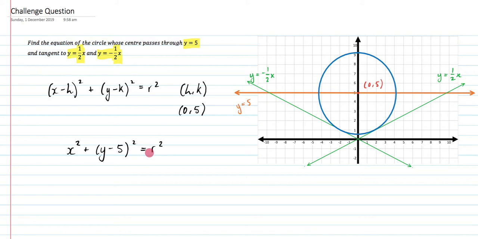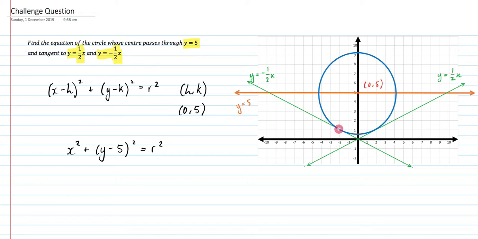Now, this is where the difficult part of the question comes into play, because we need to figure out what my radius is going to be. The best way to think about this is that I have a line here. I could use any of these green lines, but I'm just going to use y equals a half x. I have a line here, and I have a point here, and I need to figure out the shortest distance between this point and this line.